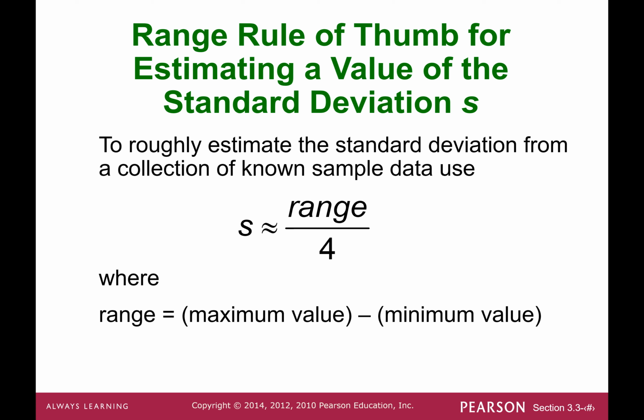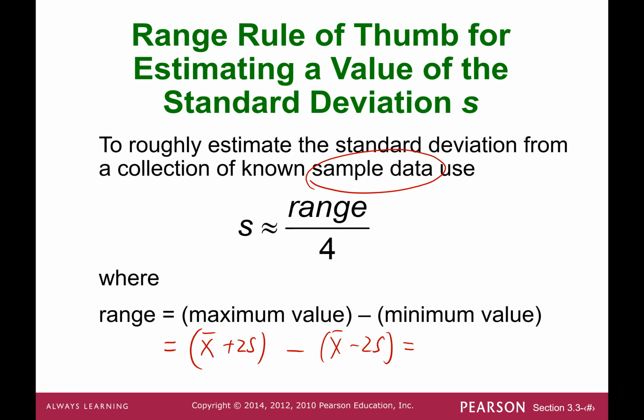Now, to roughly estimate the standard deviation from a collection of known sample data, you can just do range over 4, because the maximum value is the sample mean plus 2 standard deviations, and the minimum value is the sample mean minus 2 standard deviations.